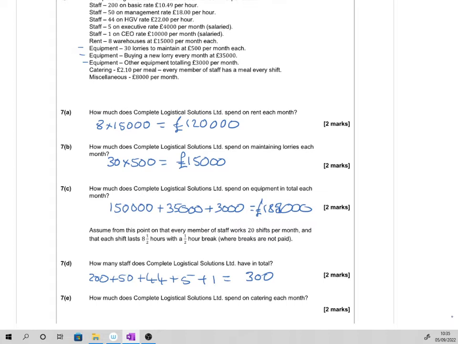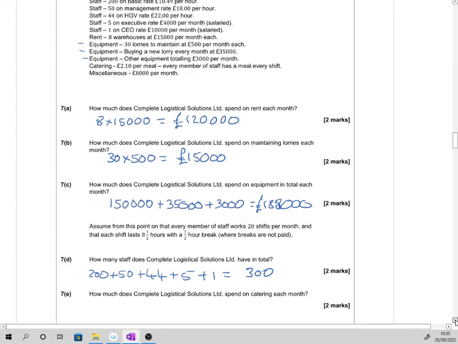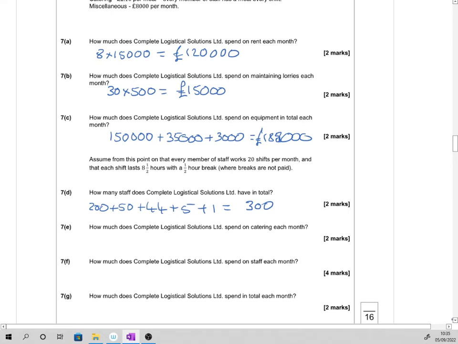How much do they spend on catering each month? Catering, £2.10 a meal. Every member of staff has a meal every shift. So they do 20 shifts a month.